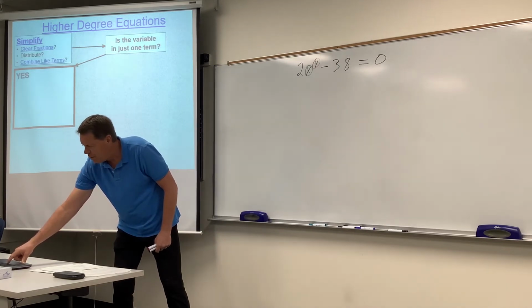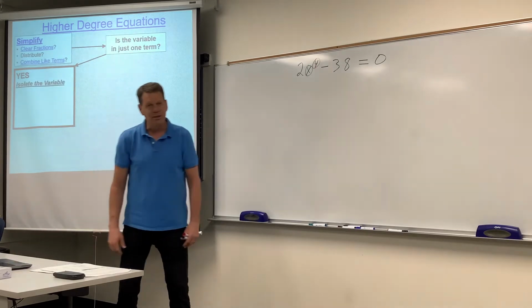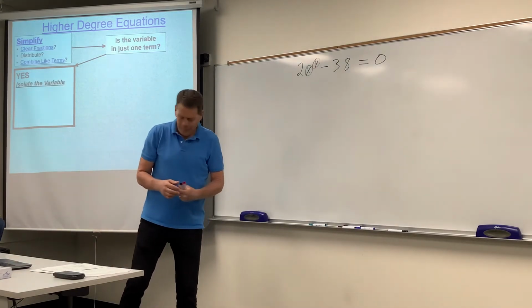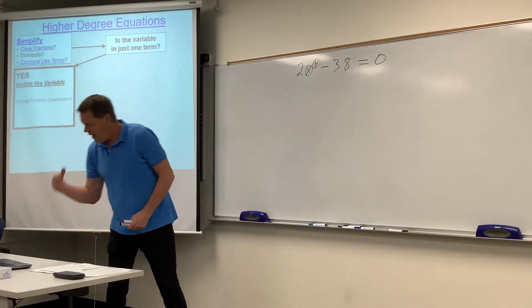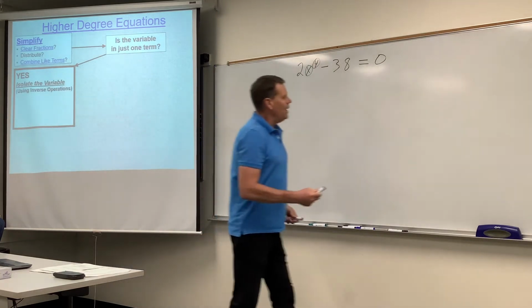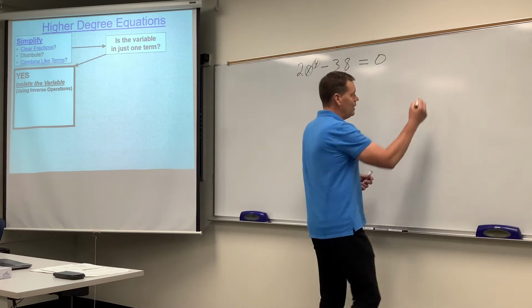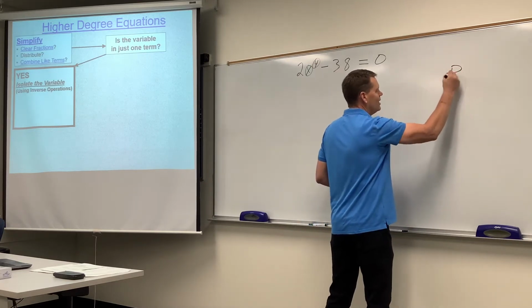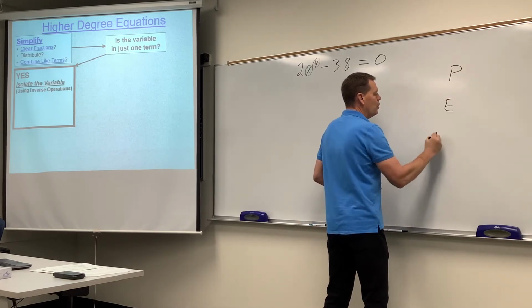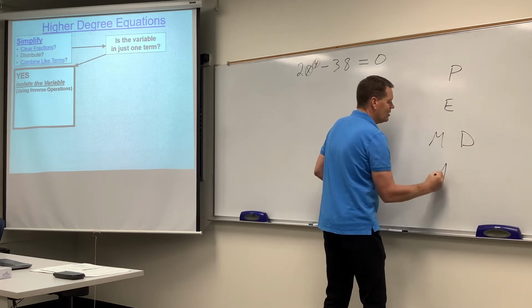But if the variable is just in one term, you might remember that we used inverse operations. We get x by itself, and basically the idea was inverse operations. The idea behind this, again, would be the order of operations: parentheses, exponents, multiply and divide, add and subtract.